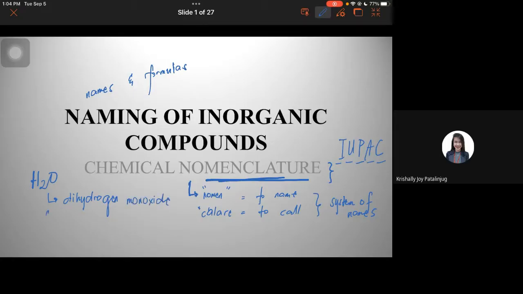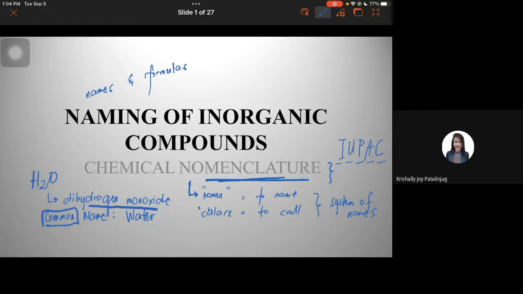That's the common name or the traditional name of H2O. So we have a few substances whose common names have been widely accepted in the chemistry community instead of using their systematic names.